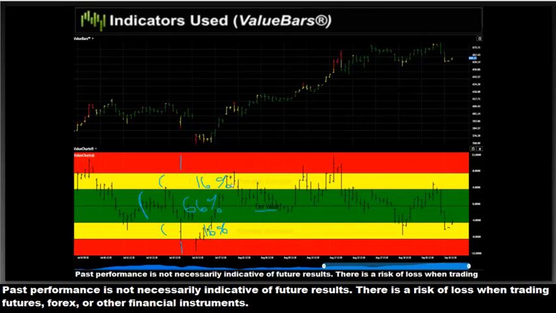Now, in the red, significantly overvalued and significantly undervalued zones, prices are in these red extreme zones only 1 to 2.5% of the time combined. Now, these percentages can vary slightly depending on the markets you trade and your particular indicator settings, but as you can see, prices tend to stay within fair value, but periodically they enter moderately overvalued and moderately undervalued levels, as well as significantly overvalued and significantly undervalued levels.